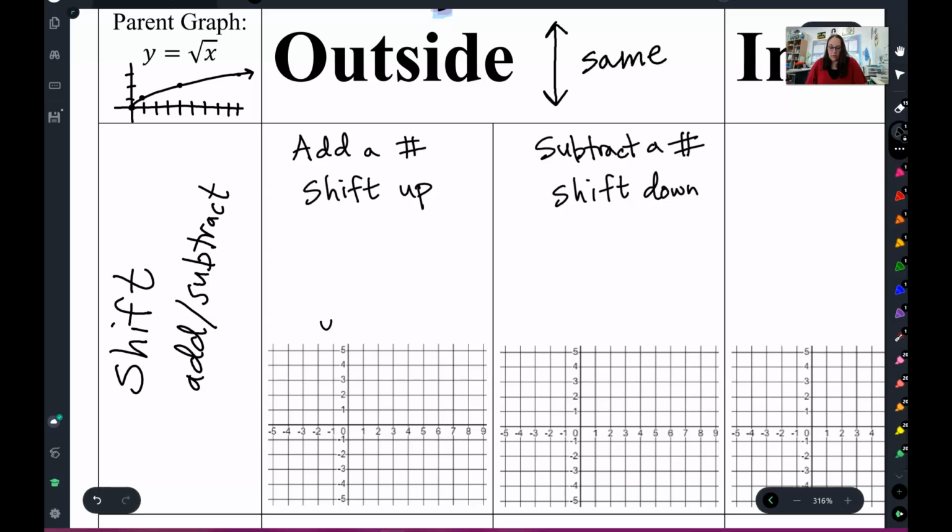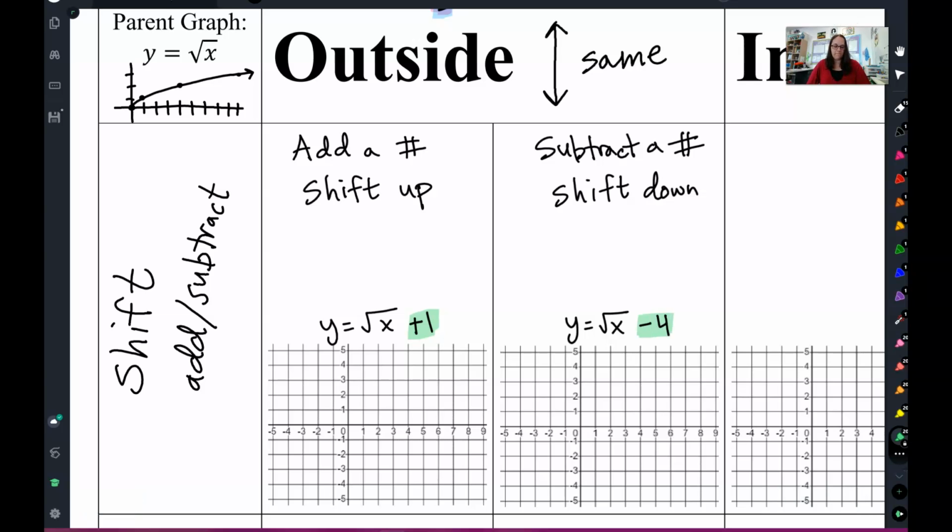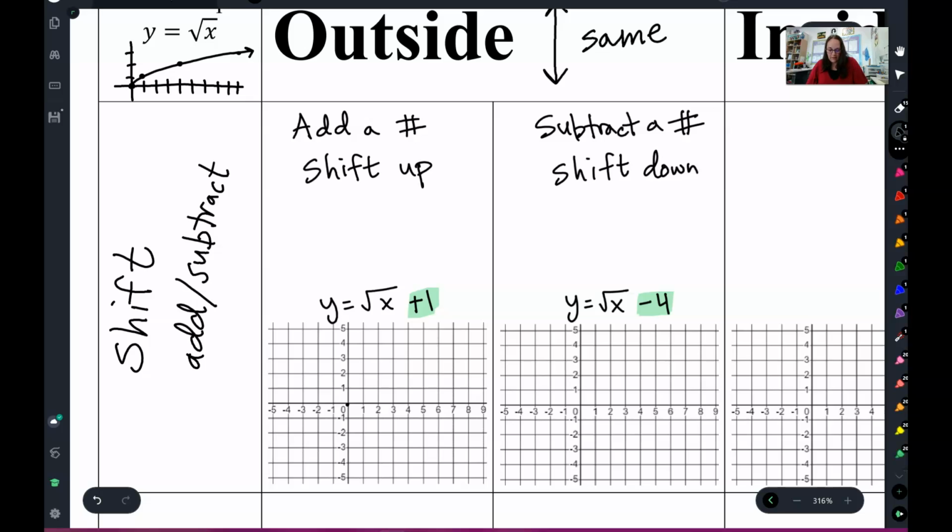Now remember, this only works if the numbers are outside the square root. So let's do, for adding, let's add 1, and subtracting, let's subtract 4. Notice that both of this adding and subtracting are outside the square root. So that means if I have my original parent graph, I'm going to do it in dashed lines again. I'll do it over here too.